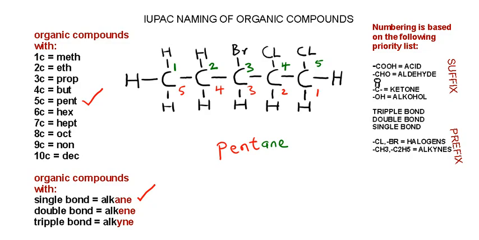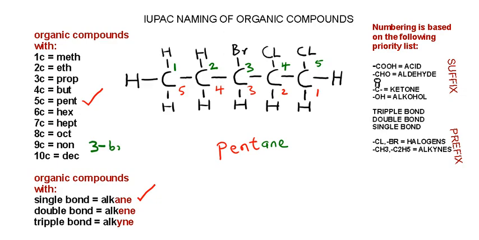Now, since bromine is attached to carbon number 3, we are going to have it as 3-bromo. Remember that bromine is bromo. So let's write. You put your hyphen, you write what?